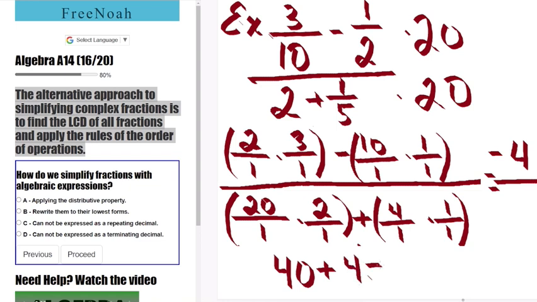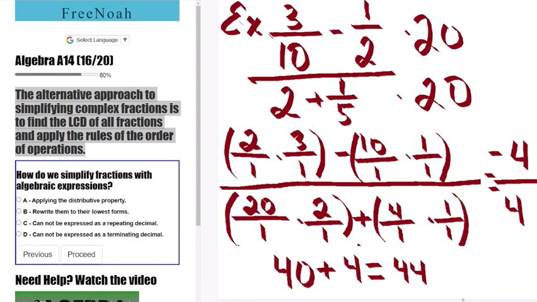And 4 over 1 is simply 4. So now let's find the sum of the denominator, 40 plus 4, giving us 44. And we have solved for the denominator.